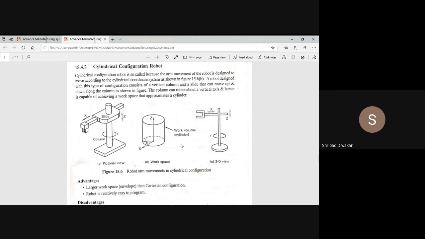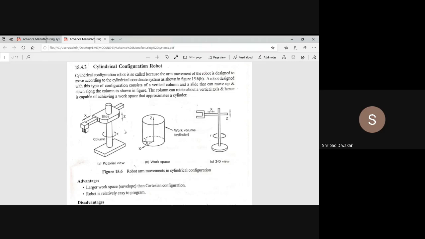Okay, it is designed in such a way that this vertical column, whatever you are seeing here, can move up and down, and it can tilt at a particular angle. Whatever the angle is required, we can tilt that column. Okay, so the column can rotate about the vertical axis, and hence it is capable of achieving a workspace.